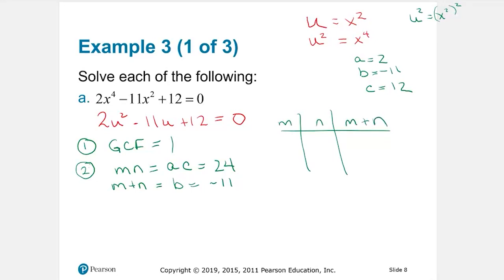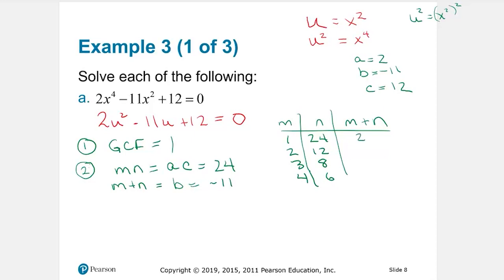And 24 has a few factors, 1 and 24, 2 and 12, 3 and 8, 4 and 6. 24 is not divisible by 5, so I don't have to worry about that. And then the next one would be 6, but I already have 6 and 4, so I don't have to worry about it. Now, 24 is positive, so let's add these 2 together.